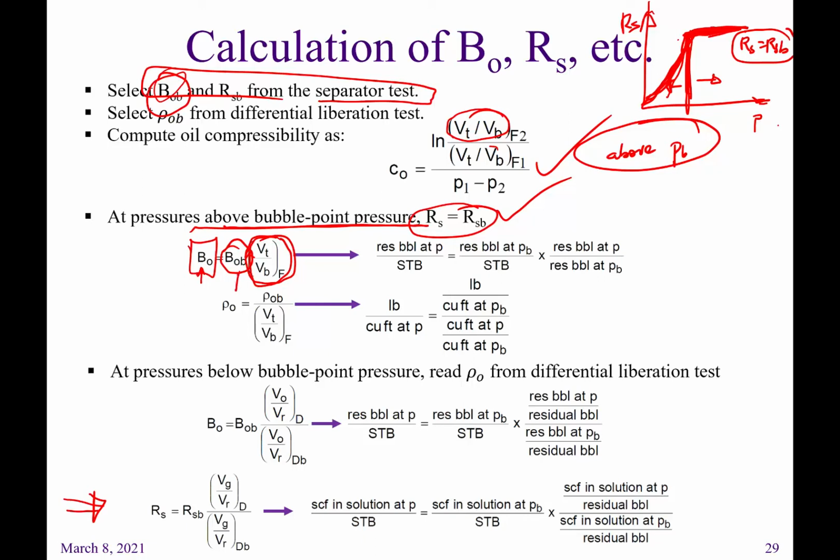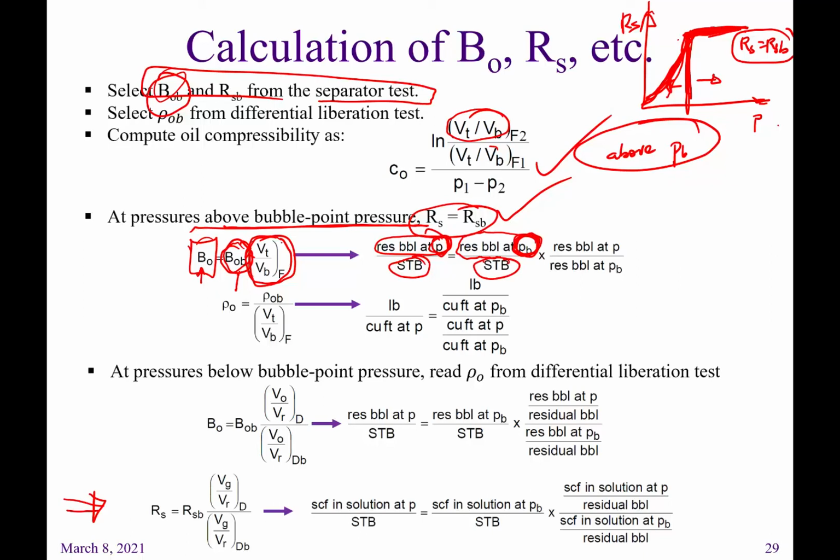And how does the dimensional analysis work out? BO is volume at reservoir conditions divided by volume at standard conditions, which is stock tank barrels. So that's reservoir volume at PB, right? That's what BOB is: a reservoir volume of the oil at bubble point pressure instead of at reservoir pressure, divided by surface volume.